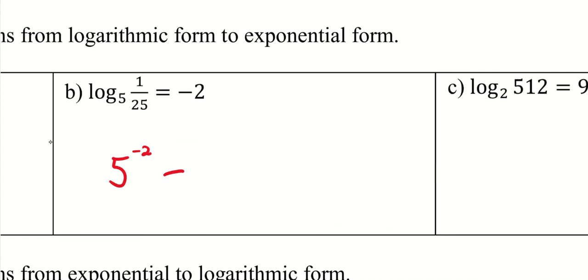Well, you can do this in your head. You could say 5 to the -2 is really 1 over 5 squared, which is really 1 over 25. Or you can just see it: the answer to the exponential term is actually the input of your logarithm. So that's where the input goes, 1 over 25. So these two equations, we would say, are equivalent. They're just written in different forms.